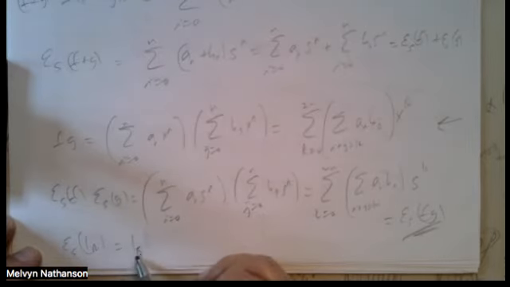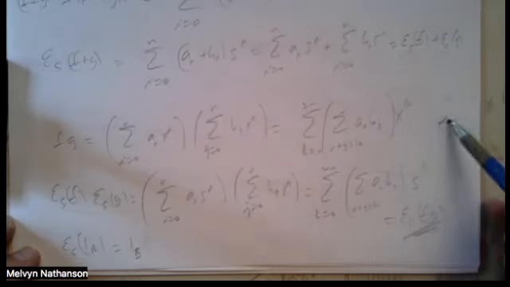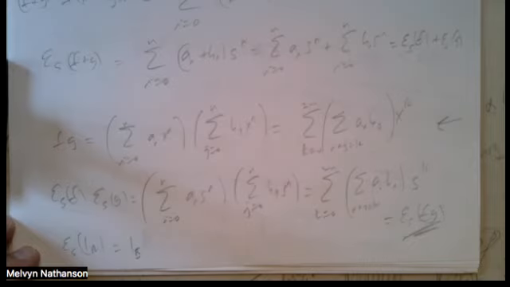I mean, the identity in R is the same as the identity in S. So this is a ring homomorphism.